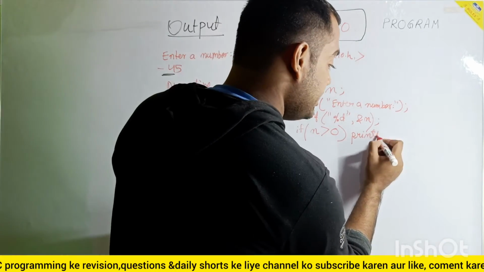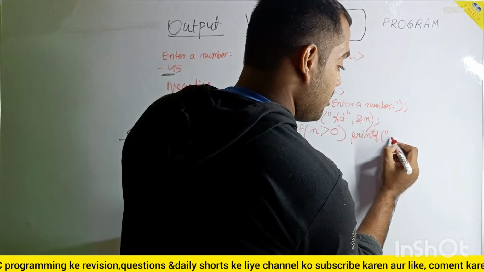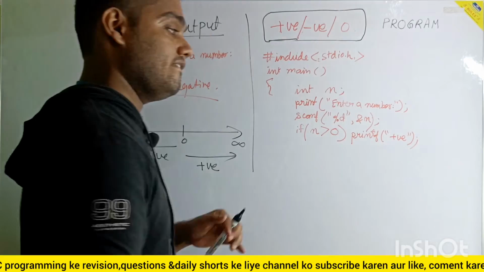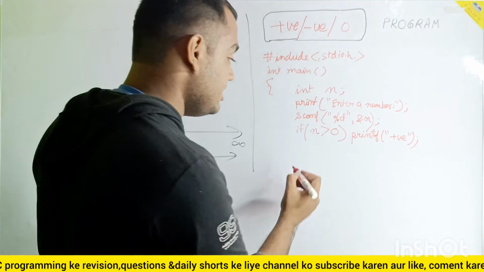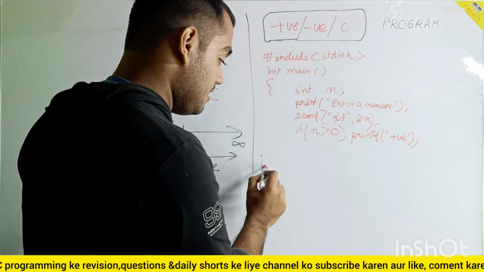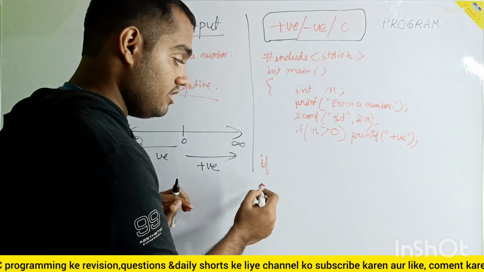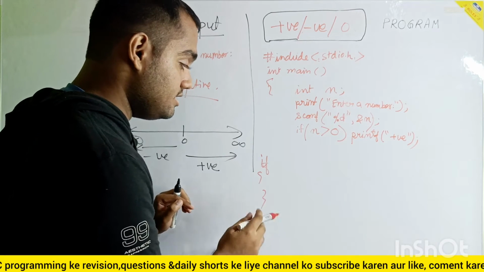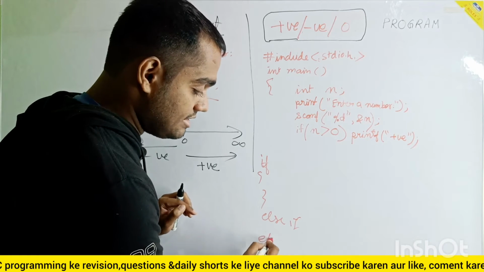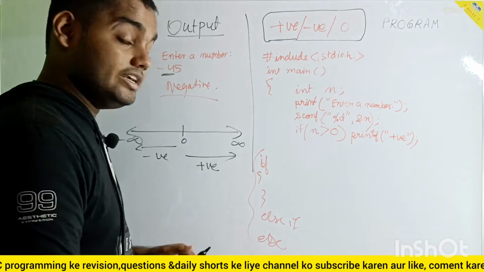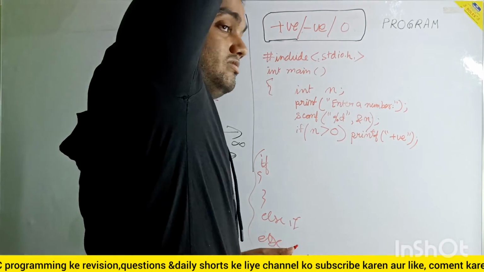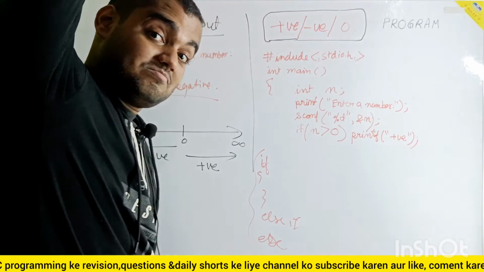So printf positive. Else if, so what is the if statement? We can simply use it like this. We can use else if, and then we can use an else statement. This is the syntax of if, else if, else. Very easy, nothing rocket science.